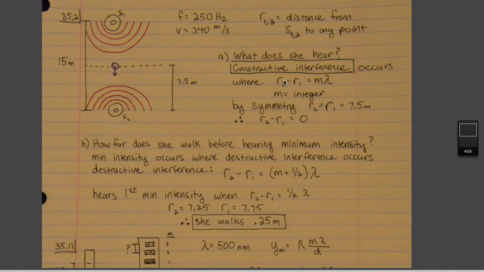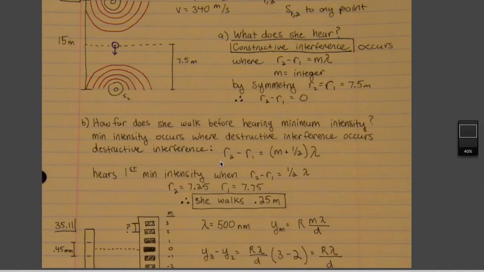Destructive interference occurs where the difference between those two distances is an integer plus half, meaning m plus half lambda, or in other words, they are half out of phase.